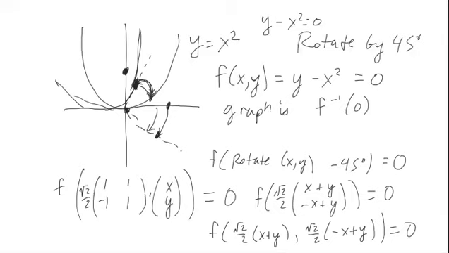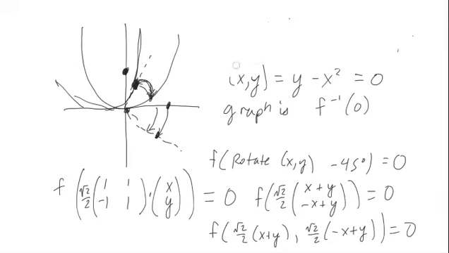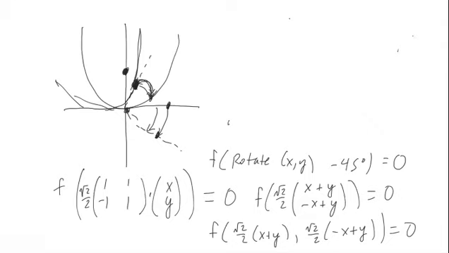Okay, so let's go through that process and see what we obtain. Remembering what f was, f of (x, y) is equal to y minus x squared.